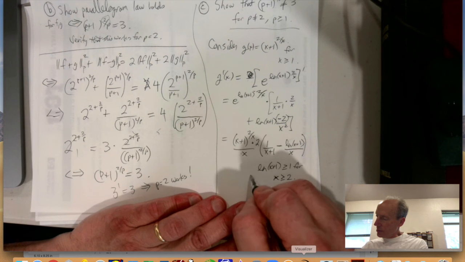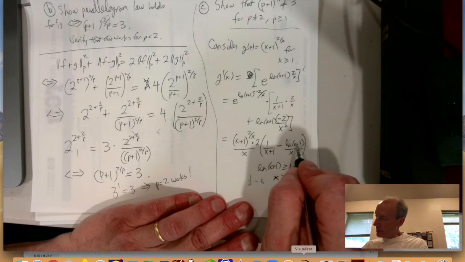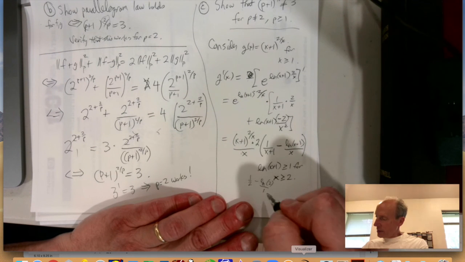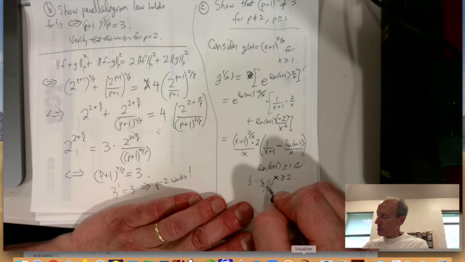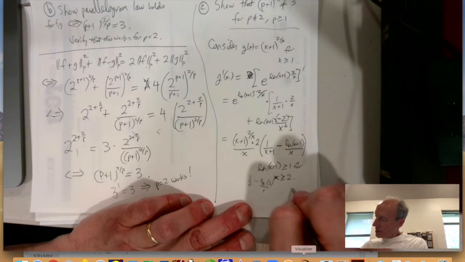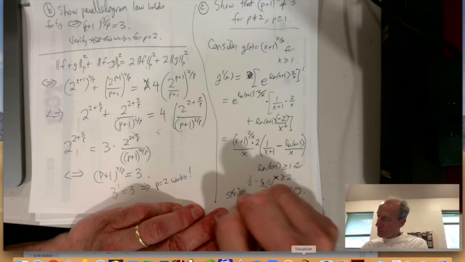It'd be 1/2 minus ln of 2 over 1. And that's 0.6 something, so yeah. So it's negative. So it's less than 0, so it's strictly decreasing.